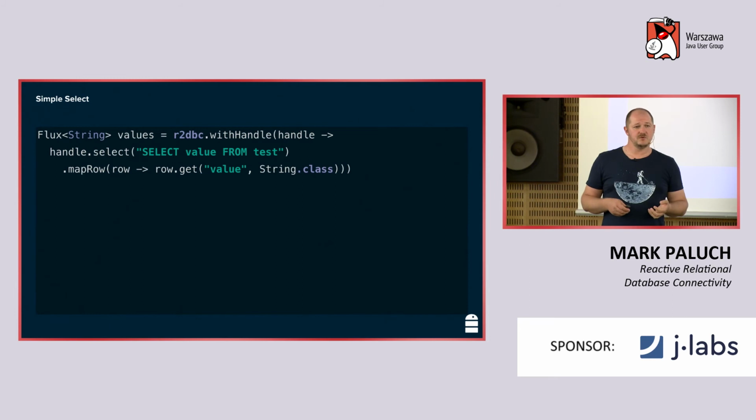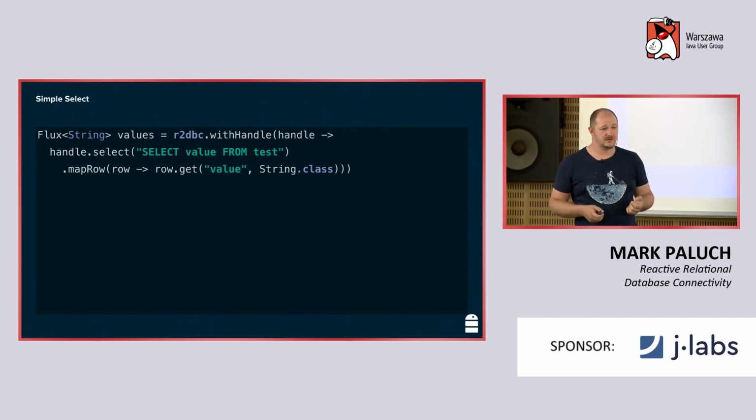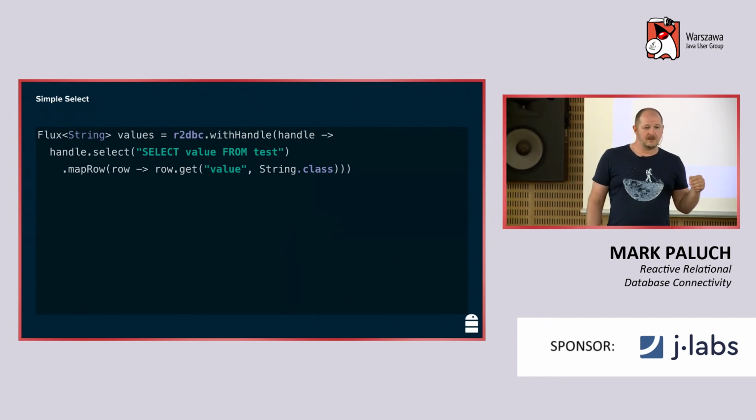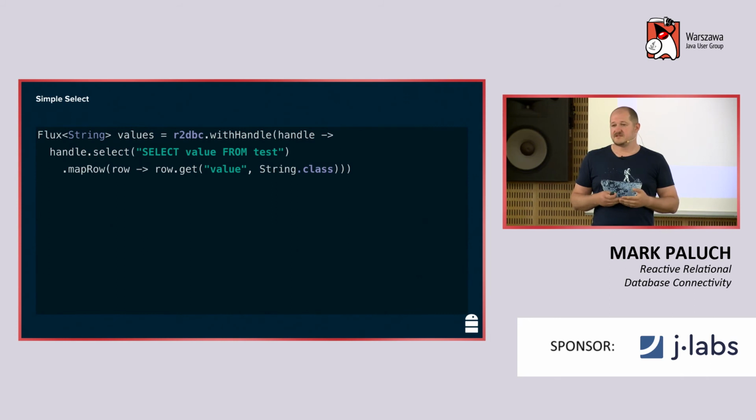And what we basically want to express is, within the scope of a connection, I want to do some work. And this is exactly what this code is doing. We are calling this withHandle method, which is resource management. So it opens a connection, applies then our function to that, and afterwards it closes the connection. And we express in a very slick way, listen, I want to run a select query.